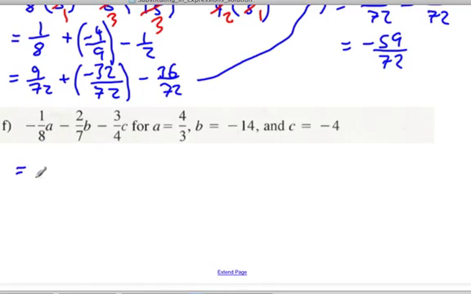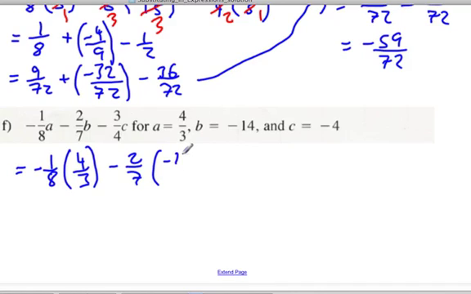This is equal to negative 1/8 times 4 over 3 minus 2 over 7 times negative 14. And this time I'm not going to write it as negative 14 over 1. And minus 3 over 4, which multiplied by negative 4.